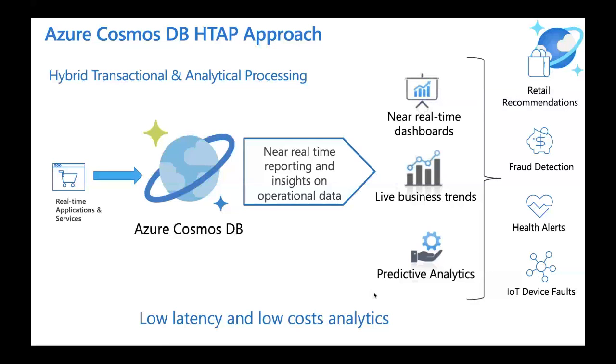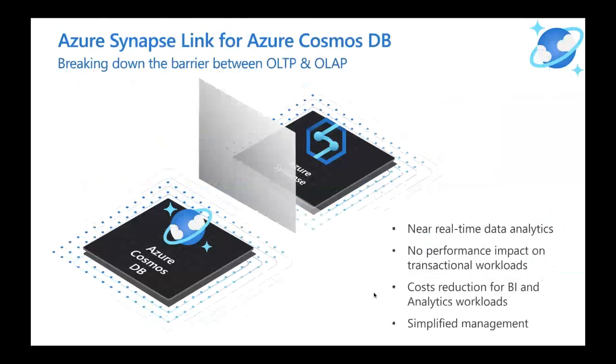And this is exactly where Azure Synapse Link for Cosmos DB comes into the picture, because it has broken down the barrier that long existed between these two types of workloads, the OLTP and the OLAP workloads, right?